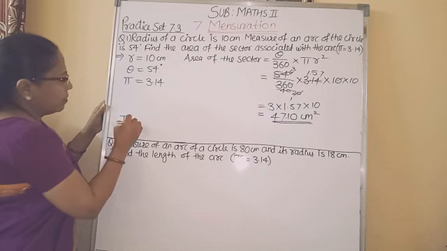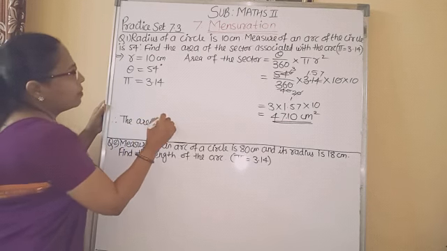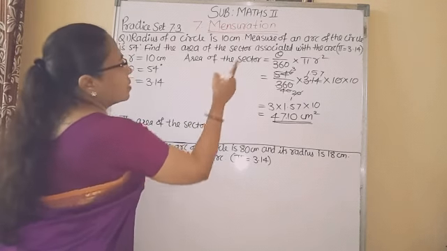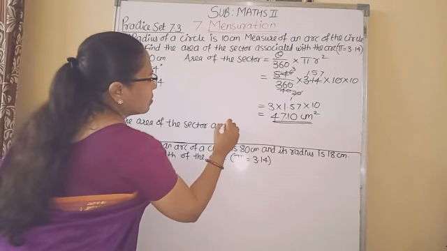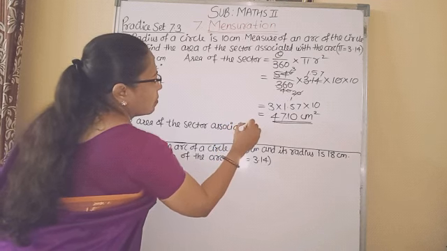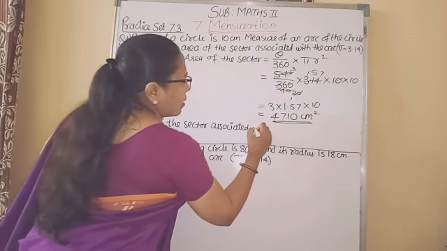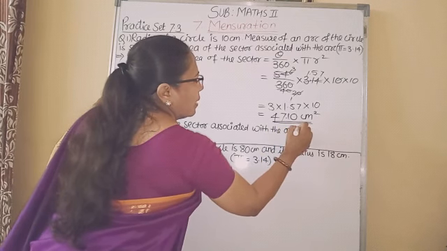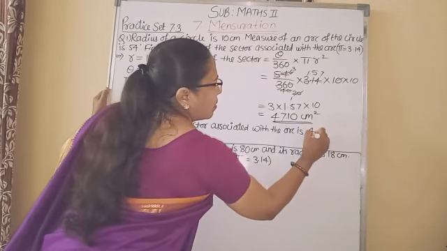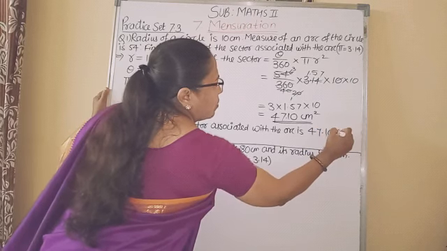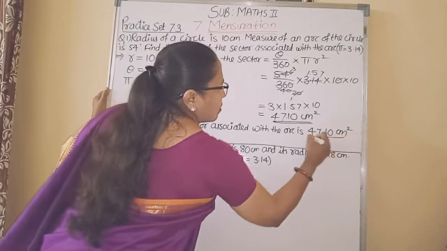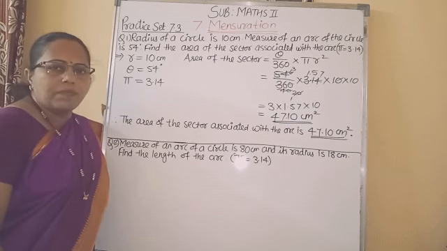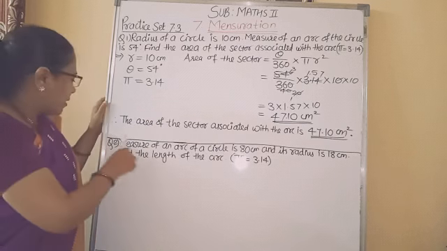Therefore, the area of the sector associated with the arc is 47.10 centimeter square. So this way we applied formula for area of sector. Followed? Then question number 2.